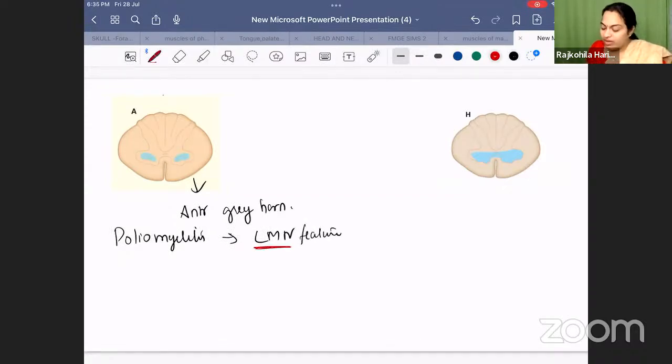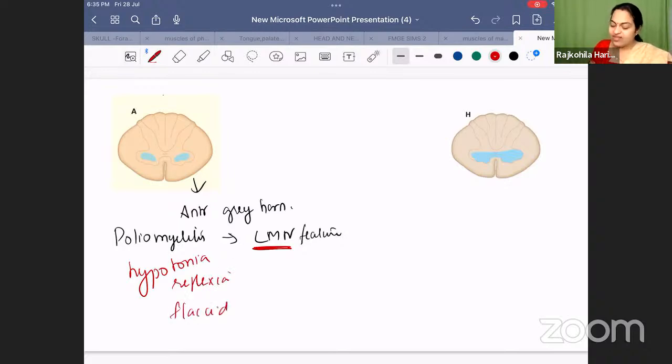Lower motor neuron, remember, lower, hypo. Okay, so it will present with hypotonia, hyporeflexia, flaccid paralysis, right? The muscle is not going to move at all. Okay, lower motor neuron and atrophy, denervation atrophy, right? Babinski's will be negative, right?